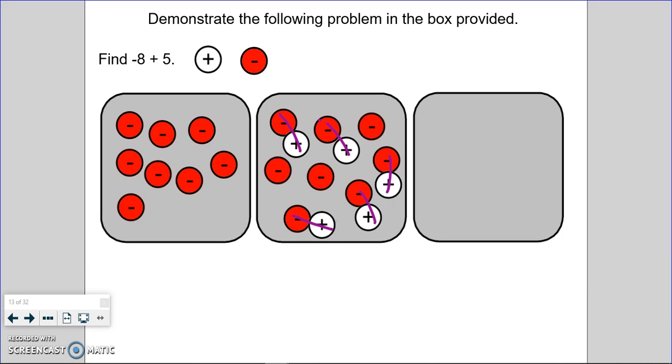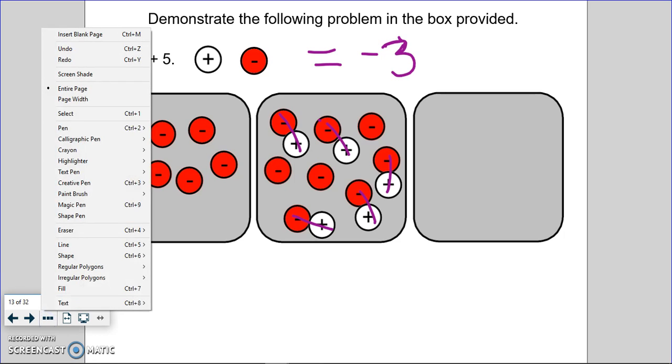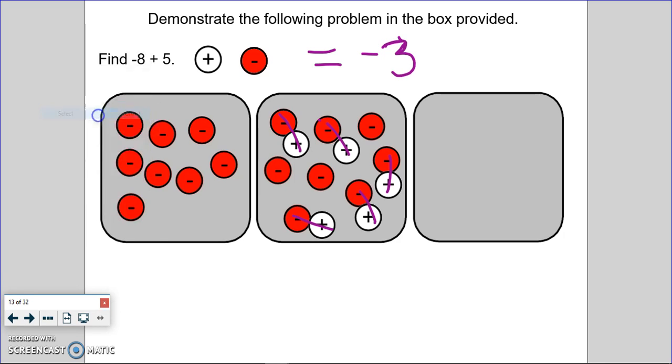And I would be left with a -3 this time because I would have 3 negatives remaining. So then I would redraw those 3 negatives. So 1, 2, and 3 to represent the -3 that is remaining.